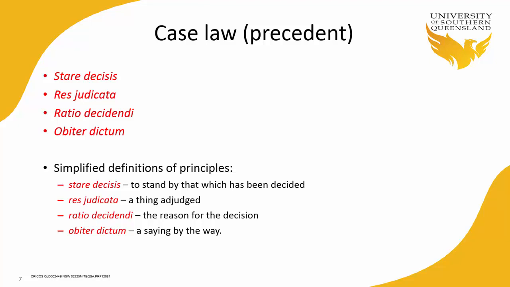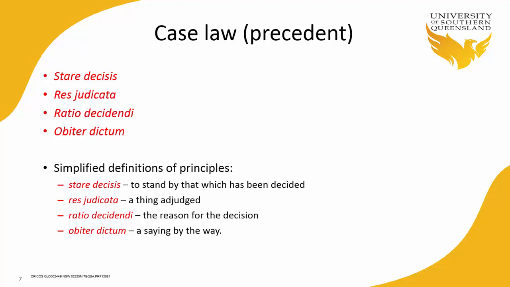Now, the key point behind this doctrine is that the courts or the court system, especially the superior courts, can create law.